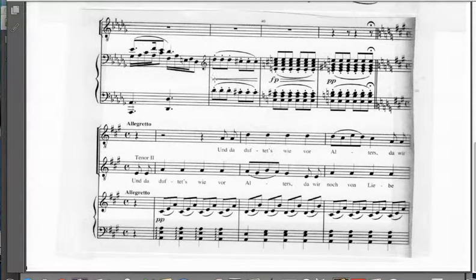Here's the crucial measure, and this is really cool how, I think this is Schubert, yes, how he did this. He's got tonic pitch, D flat, D flat, D flat, C sharp, C sharp, C sharp. What did you hear? The same pitch, because enharmonically they are the same. This is where the modulation takes place.